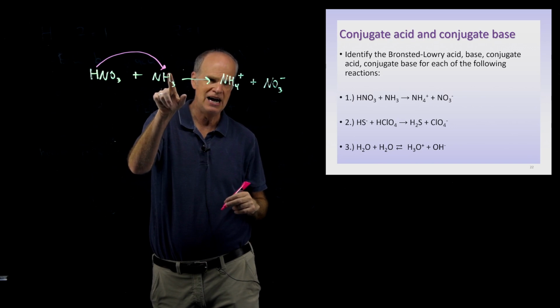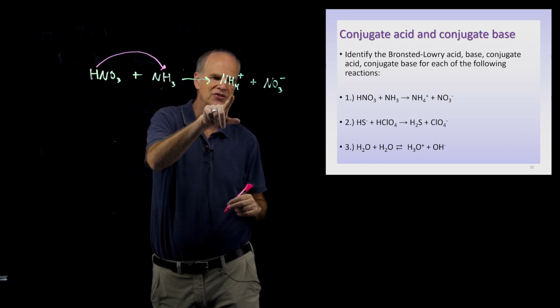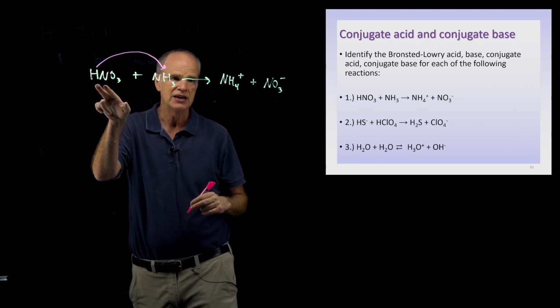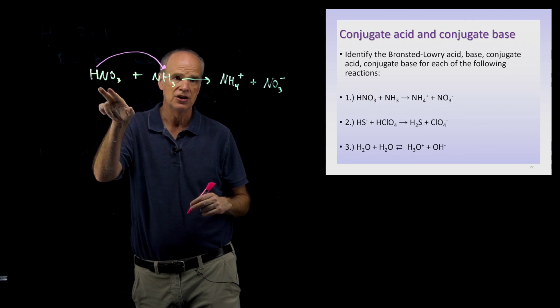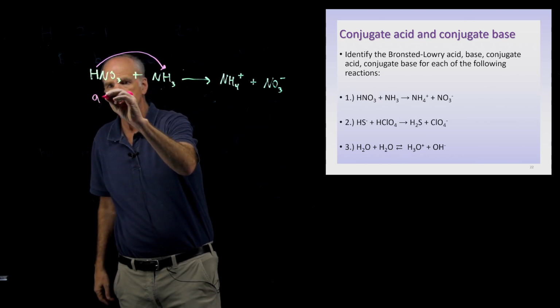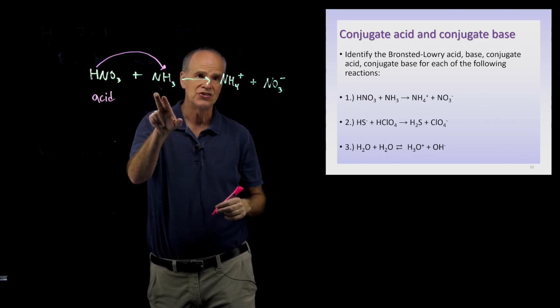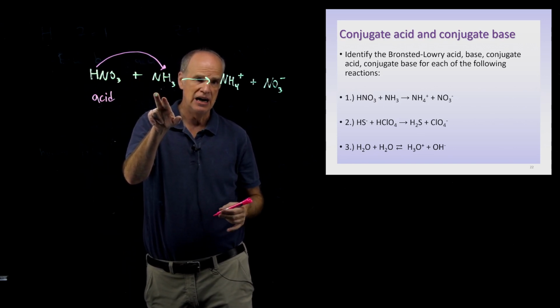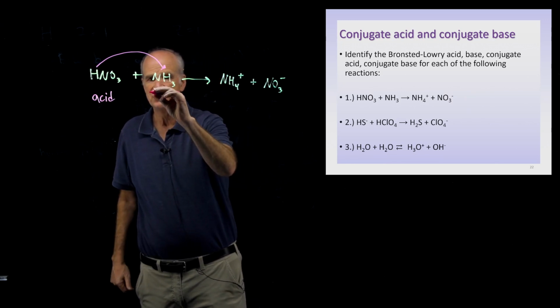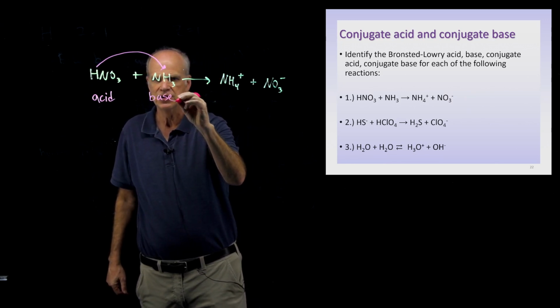NH3 plus H ion gives you NH4 plus. So it looks like this molecule here is the hydrogen ion or proton donor. So this is the Bronsted-Lowry acid. The other reactant, which is accepting the hydrogen ion or proton, is the Bronsted-Lowry base. Okay, so far so good.